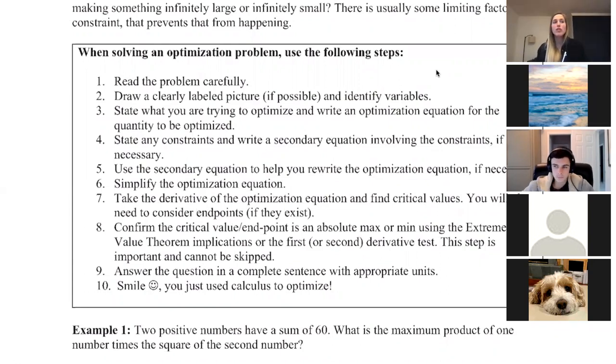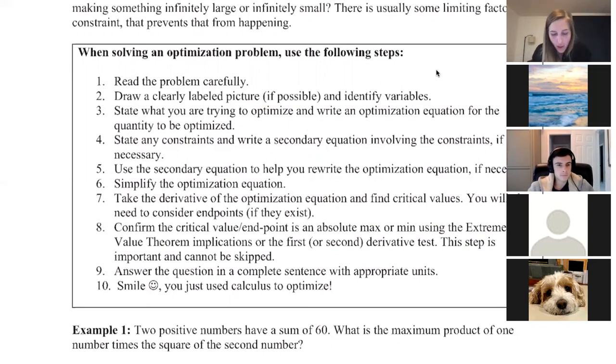If you're trying to minimize surface area, you need a surface area equation. So you have to come up with an equation that involves the quantity that you are trying to maximize or minimize. That's really important. We're going to identify that equation as our optimization equation.